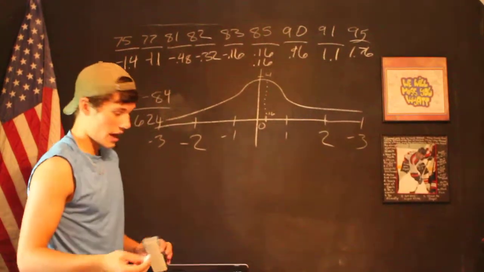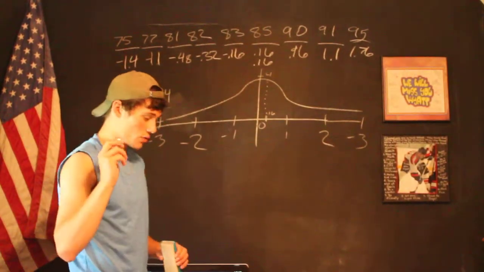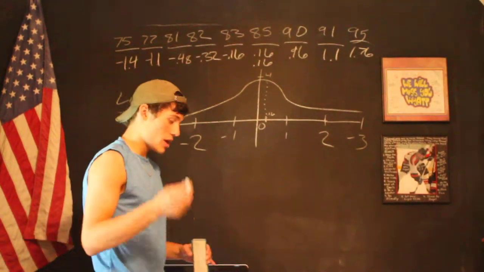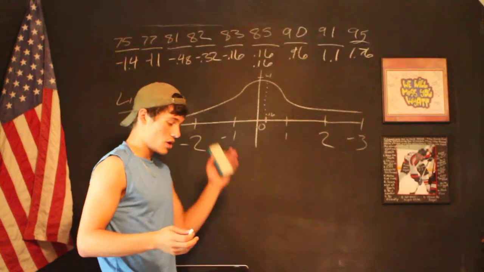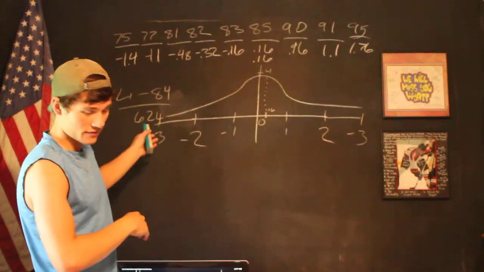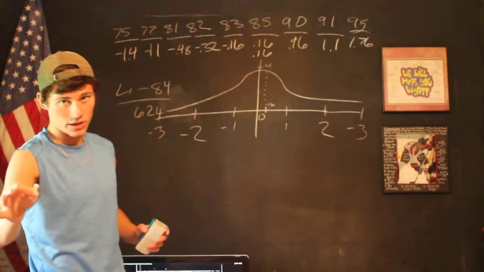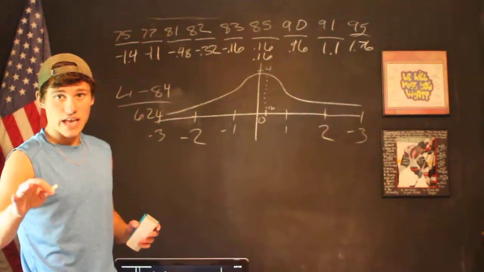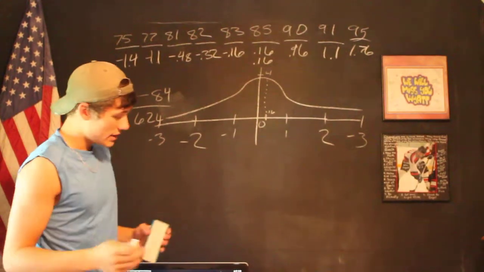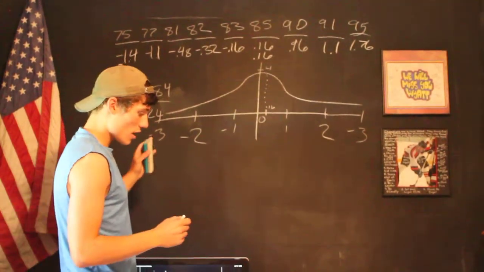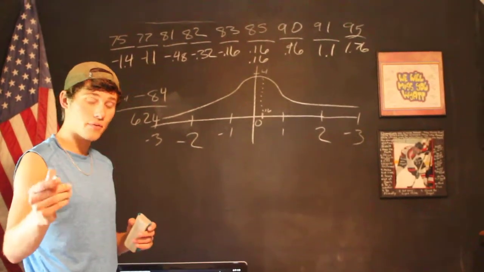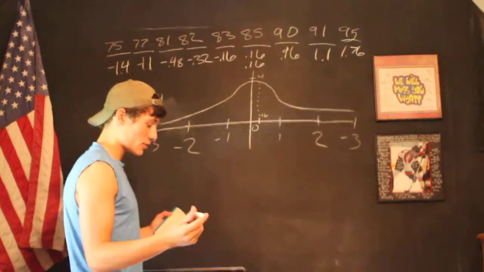Now to put this in your calculator, all you have to do is go to second distribute, and then you put in normal CDF, and then you put in the left bound and the right bound. You like to use negative 10 for yours, so I'm just going to do negative 10 because it's an easy number to put in. It has to be less than negative 3, so negative 10 is my choice.